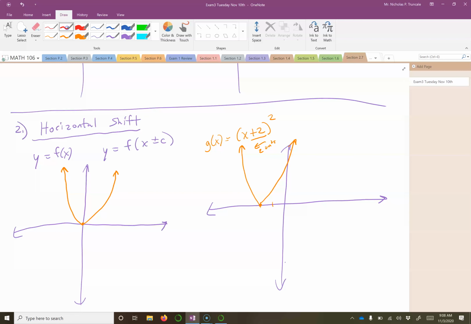Then if I had a function, h of x, equal to x minus 5 squared, we know it's still a parabola, but it's now going to move to the right 5 units, right? Minus 5 means to the right 5 units from a normal parabola. So it's 1, 2, 3, 4, 5. And then you draw your parabola. Okay?